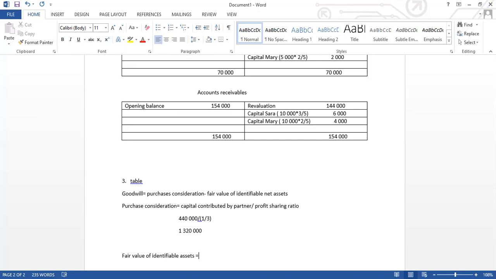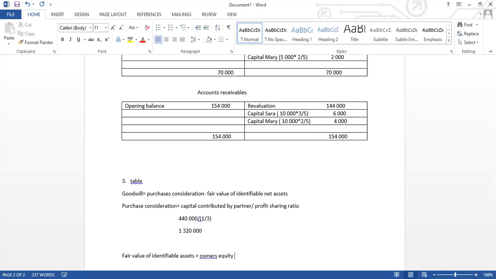Therefore, in this case, we take the information that you are given in the financial statement of December 2017. When it comes to the fair value of identifiable assets, we have to take our owner's equity per the financial statement that you are given, sorry, not net assets.